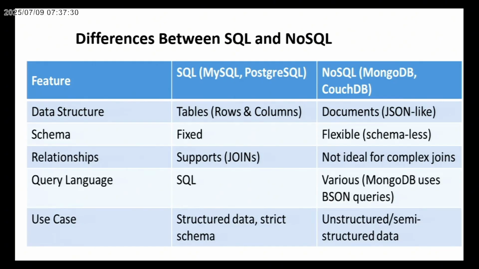MongoDB and CouchDB support documents. And a schema format is supported by SQL, but NoSQL uses schema-less representation. And relationships between the rows are possible with SQL, but not possible with NoSQL. That is the drawback with NoSQL.